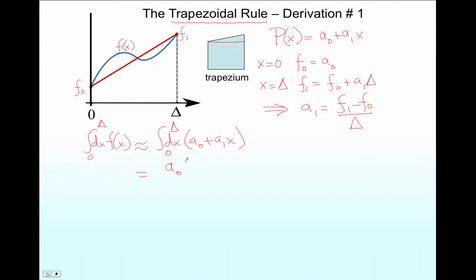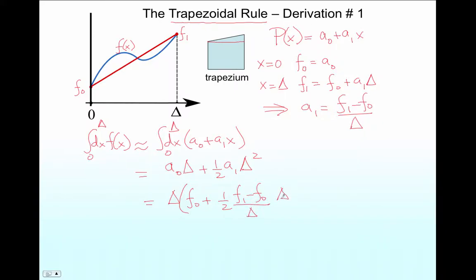So we have a0 into delta plus half a1 into delta squared. Putting in the values of a0 and a1, we get delta into a0, which is f0, plus half, this is f1 minus f0 over delta.